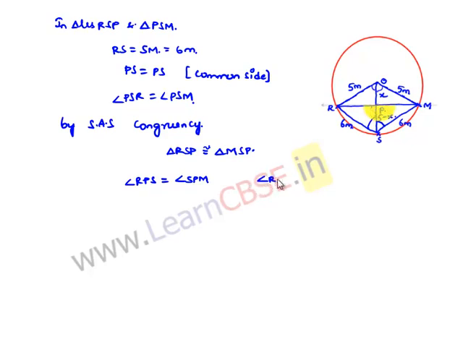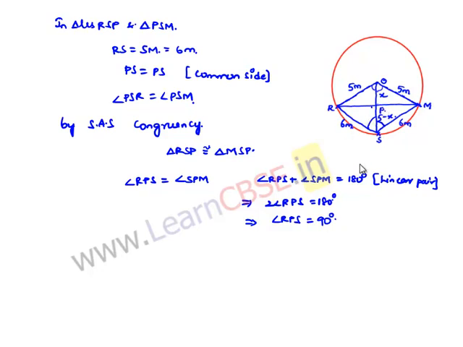Therefore angle RPS plus angle SPM is equal to 180 degrees, which implies 2 times angle RPS is equal to 180 degrees, since we can replace angle SPM by RPS. So angle RPS is 180 by 2, that is 90 degrees. Therefore angle RPS is equal to angle SPM is equal to 90 degrees.